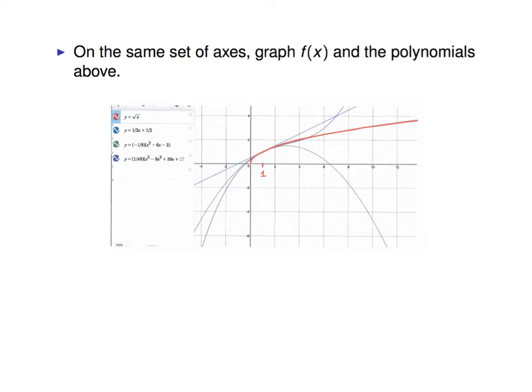Okay, we're going to skip t0 because t0 is silly. Here is the tangent line, the t1. So there's t1 of x. Do you see how the tangent line appears to be reasonably close to the root function near x equals 1? So it's a reasonably good estimate near x equals 1.